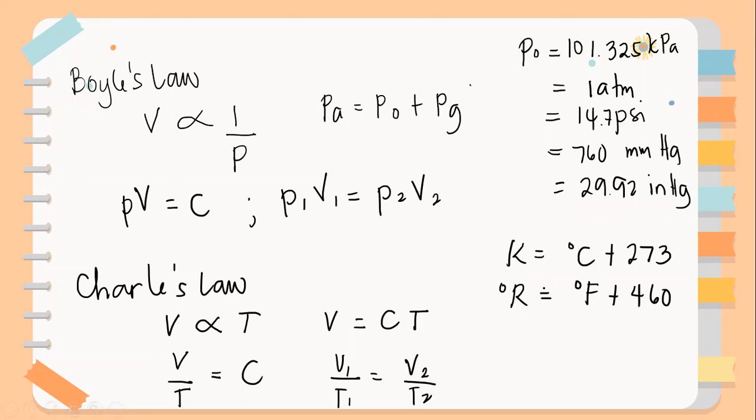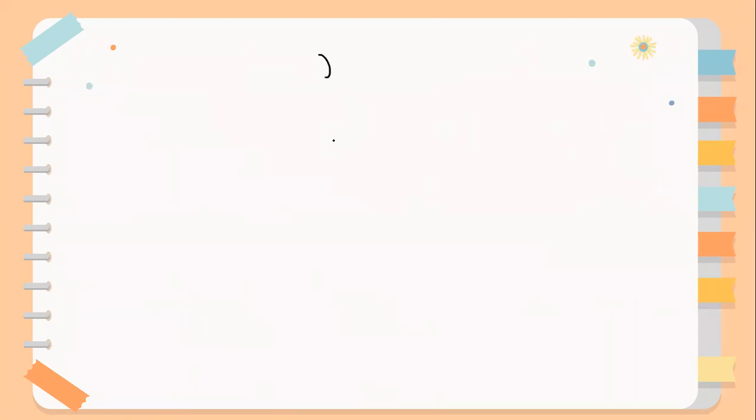Now, this one is for Charles' law if the pressure is constant. When you say pressure is constant, your P1 is the same as P2. Here, if the temperature is constant, your T1 is the same as T2.